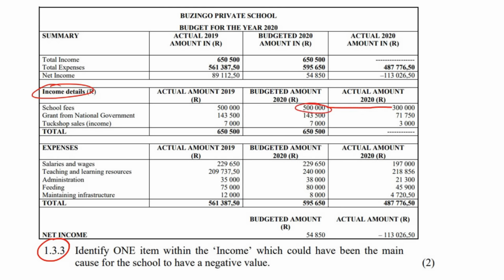So here it was 500,000 Rand that they wanted to have in school fees, but they only managed to get 300,000 Rand. So that's quite a big one. So that would be the main cause. You could say it's the tuck shop, but come on, guys, that's only like 4,000 Rand that they lost. So I think the big one that they lost out on is the school fees. Okay, so we could say school fees.